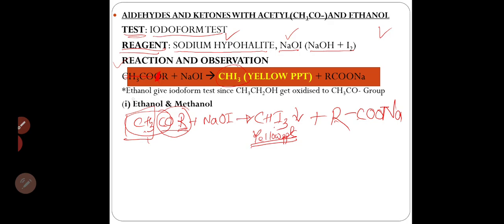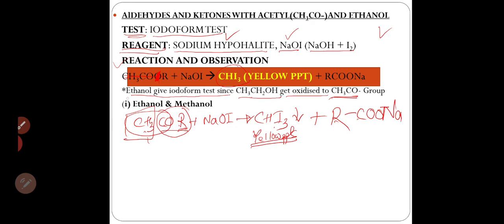Now ethanol also gives the iodoform test. Why ethanol gives the iodoform test is that ethanol is oxidized to the acetyl group, and this acetyl group will give the iodoform test.